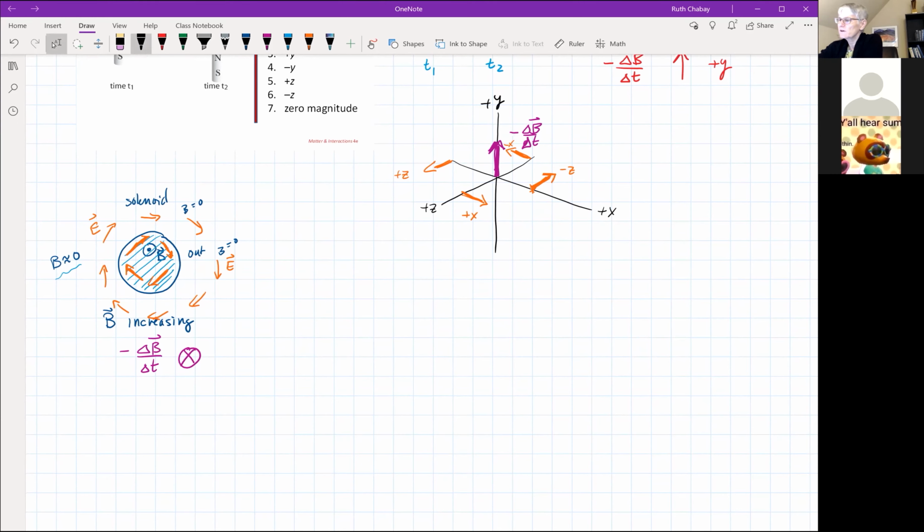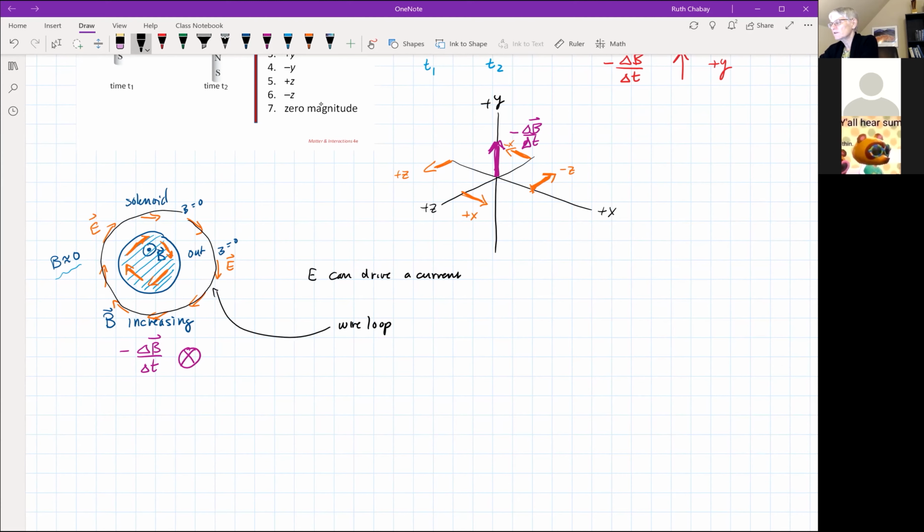So if we put a loop of wire here, we'd get an electric field that could drive a current.